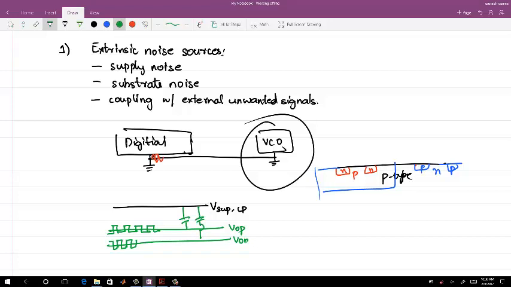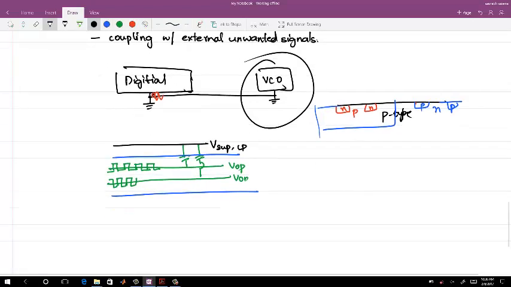You are coupling from the supply. Any ripple will then capacitively get coupled. So you try to have a ground shield around it. Keep them spaced apart such that the coupling doesn't change the desired signal. Okay, so these are all the extrinsic noise sources.